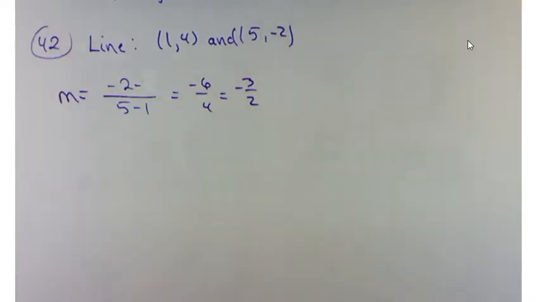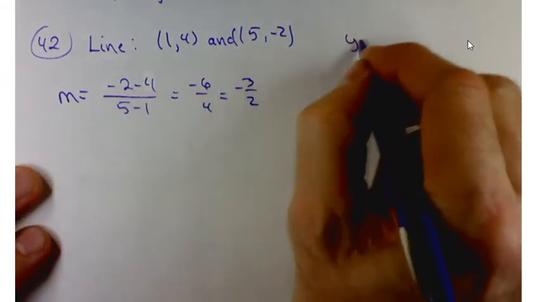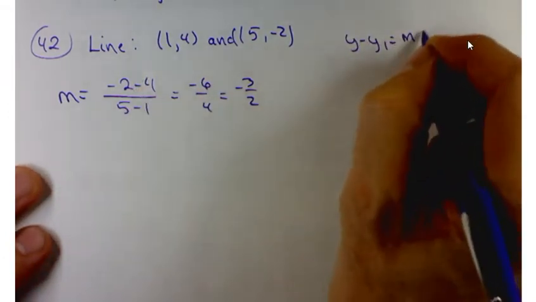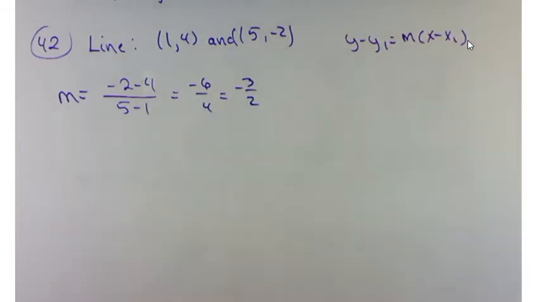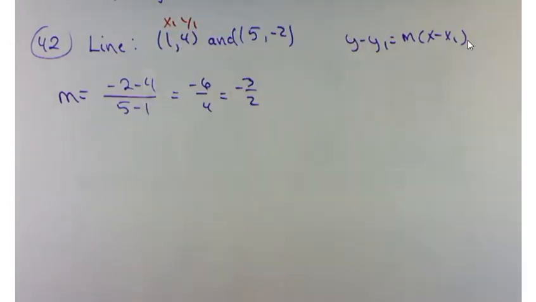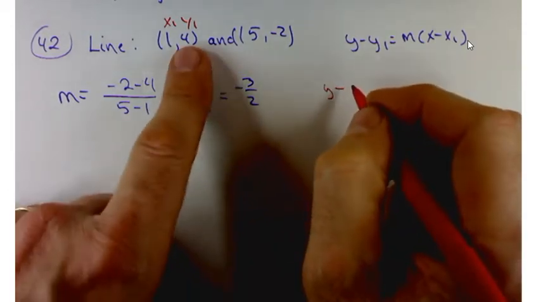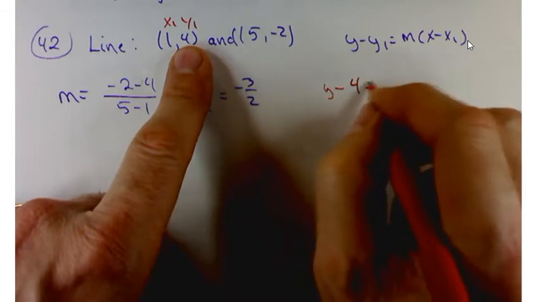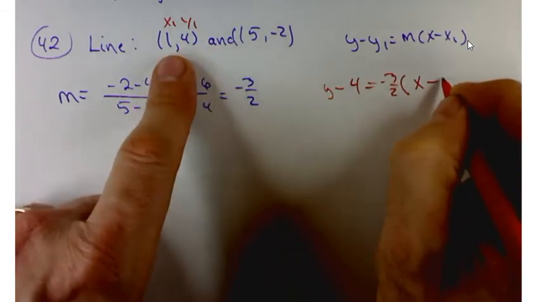We'll just plug that in to this formula: y minus y1 equals m times x minus x1. Choose your favorite point for x1, y1. Since these are both positive, that looks like an easy choice. y minus 4 equals negative 3/2 times (x minus 1).